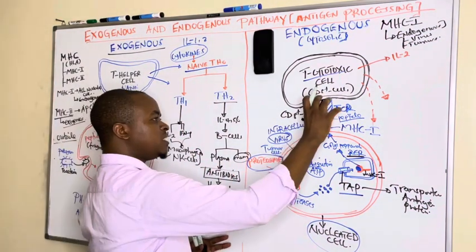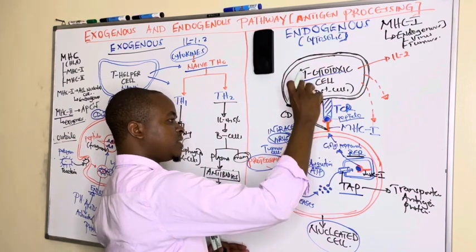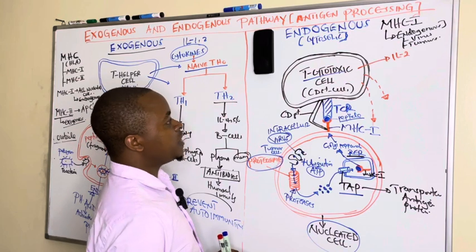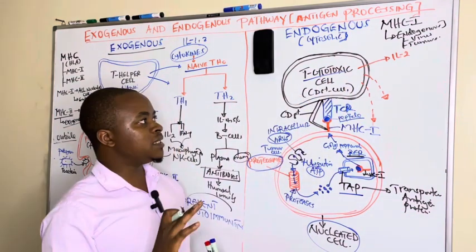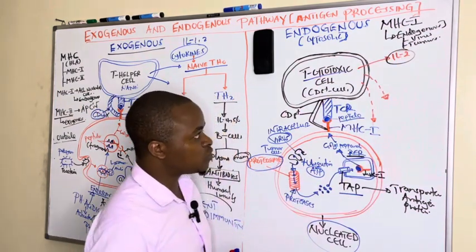After binding, causing firm interaction between the peptide presented by class 1 major histocompatibility and the receptor, it triggers the T cytotoxic cell to release interleukins, especially interleukin 2.